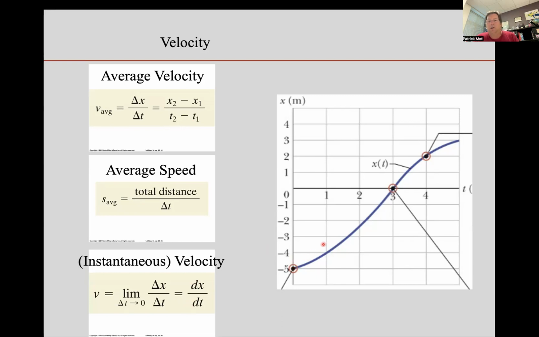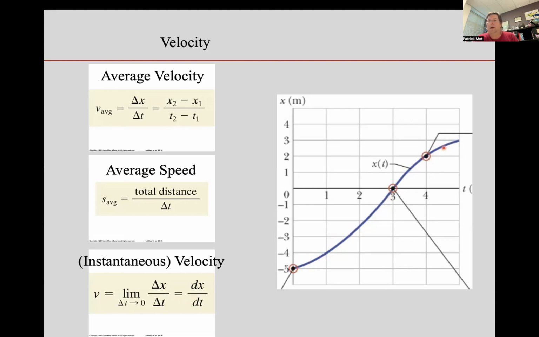So anywhere along this curve, when I want to know the velocity, I just pick that time and imagine the tangent slope at that point. The slope is positive all throughout this time interval from 0 up to 5 seconds, because the position is increasing with respect to time all throughout there.